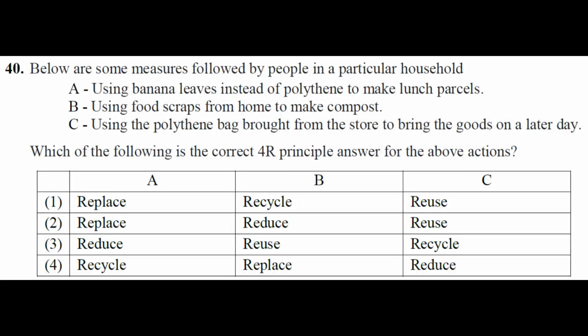So if we observe our A, B, C situations, A uses banana leaves instead of polythene. So it is trying to adopt an environmentally friendly material for its day-to-day activities. So this is definitely talking about a replace. So B, using food scraps from home to make compost.